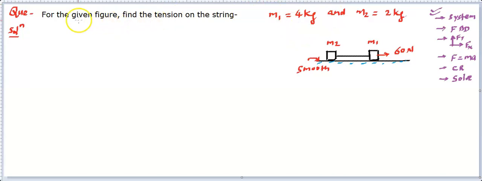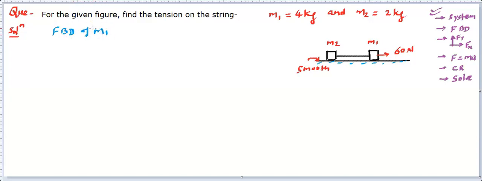Let's say we are working first by drawing a free body diagram of individual particles. So first we are considering M1 as our system. That means we will be looking at M1 and writing all the forces acting on M1. I'm going to call it the free body diagram of M1. So let's draw the free body diagram of M1.